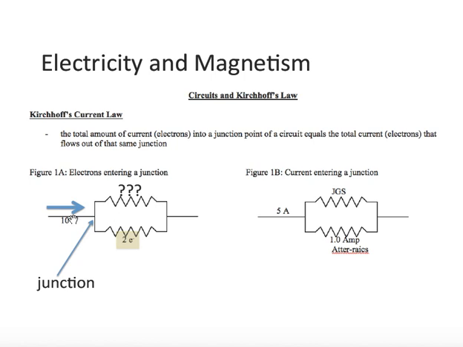So, if we have 10 going in and 2 travel along this path, then 8 have to travel along that path. And finally, 10 electrons continue to make their journey in this direction. That's Kirchhoff's current law. It basically says that electrons can't be created nor destroyed in a circuit. Just keep that in mind.